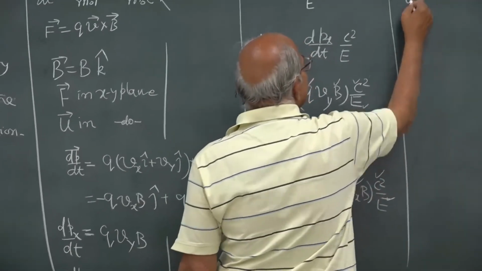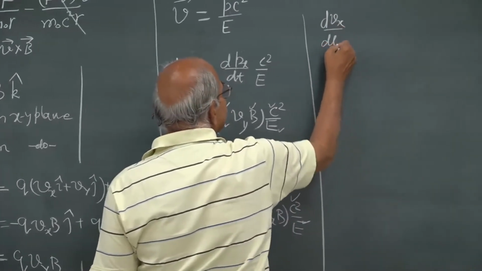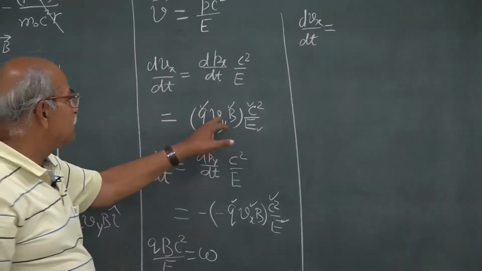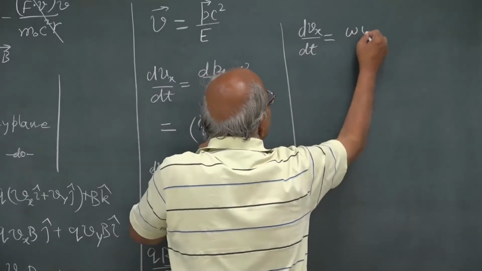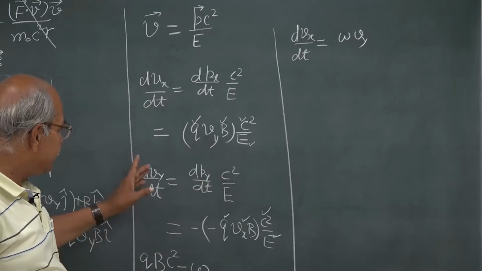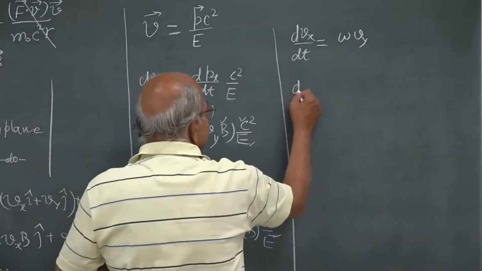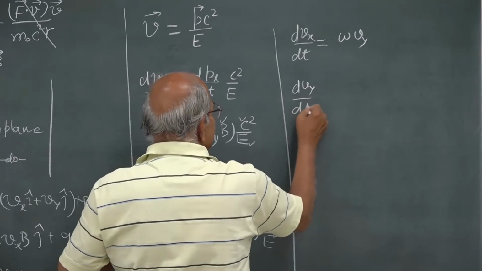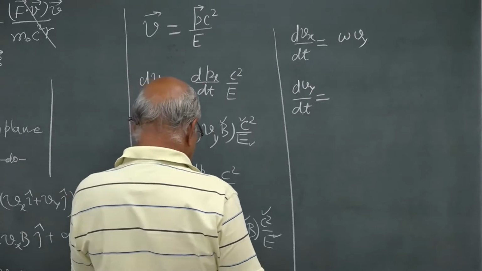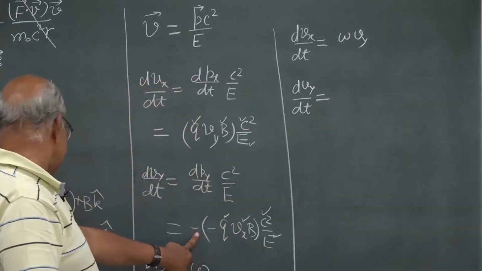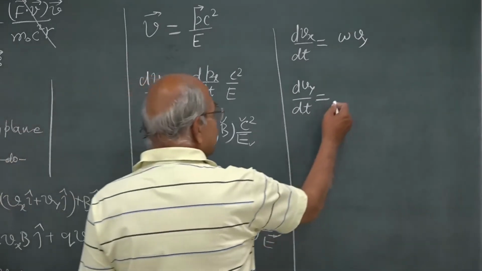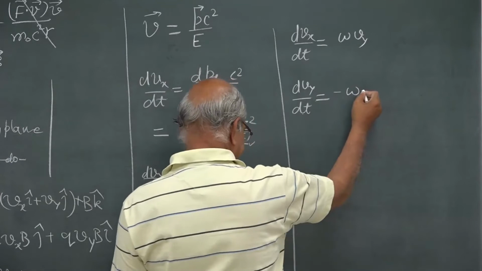Then I have dVx/dt is equal to omega times Vy, and then dVy/dt is minus omega times, I put a double minus here, dPy/dt is this, just one minus. So, it is minus omega times Vx.